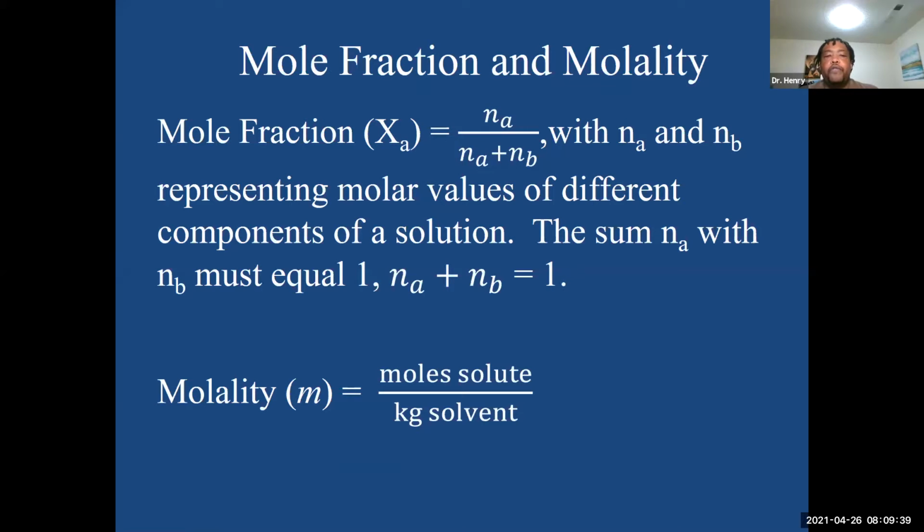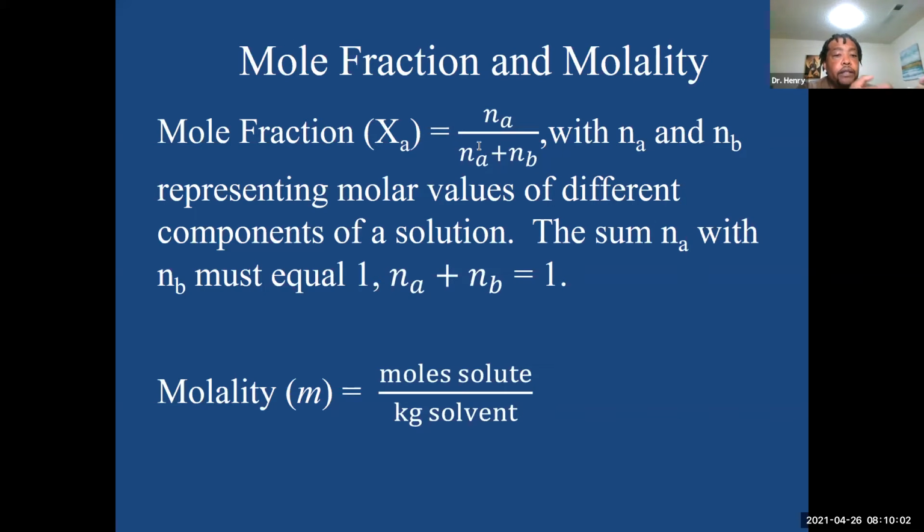Okay, so the mole fraction is the number of moles of what we're looking at specifically over the total number of moles altogether. That's the specific solute and the specific solvent altogether, so both of those together.